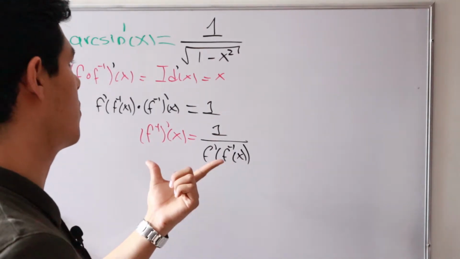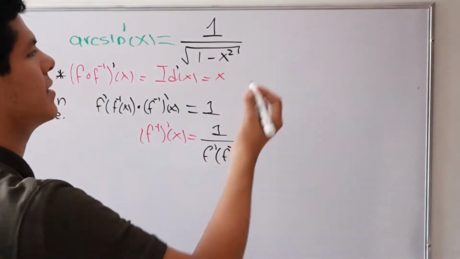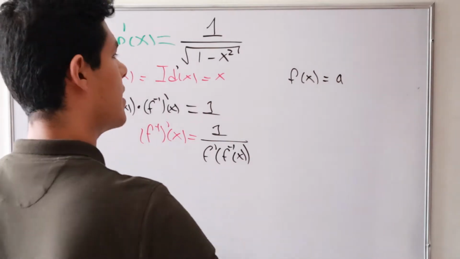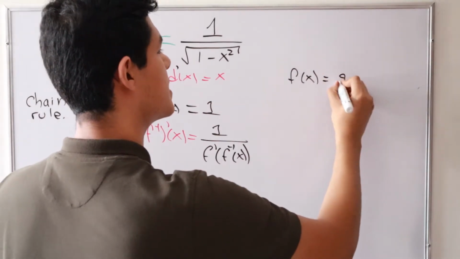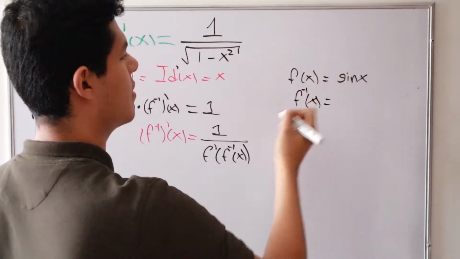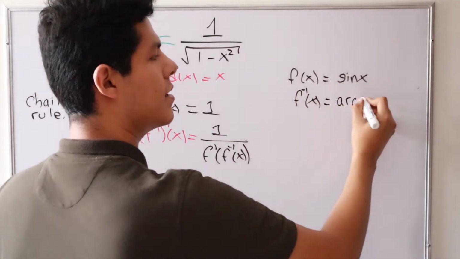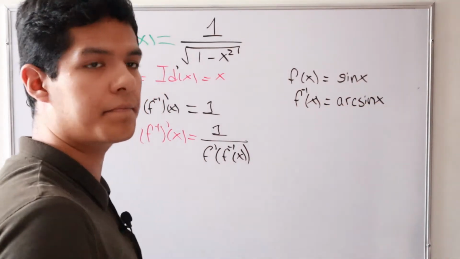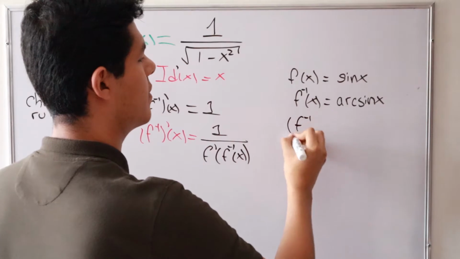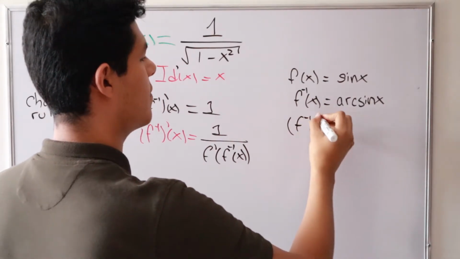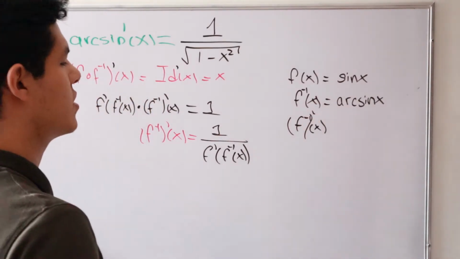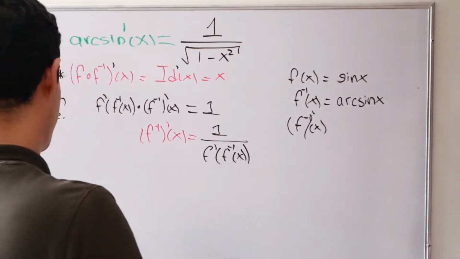So guys, recalling this formula, we have that f of x equals sine of x, and the inverse function of x equals arcsine of x. So in this case, we need to find the derivative of an inverse function, and for that we need to use this formula.